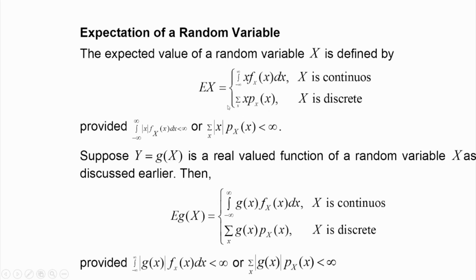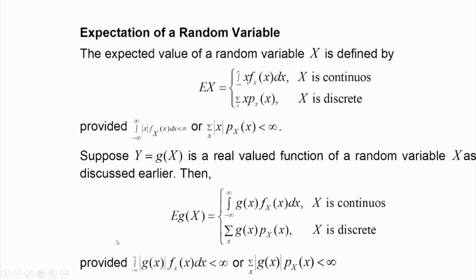When we define expectation, we want that this value is unique. So, for that, one condition is imposed, that is, mod of x into fx of x should be absolutely integrable over the limit minus infinity to infinity, or in the case of discrete, mod of x into px of x should be summable for the range of the random variable x.